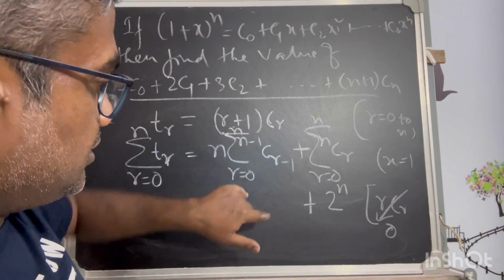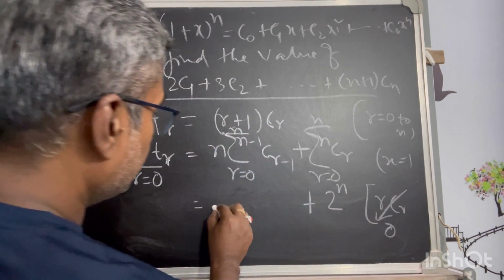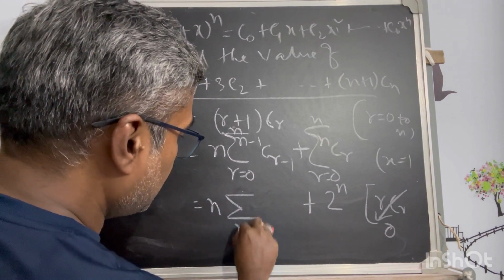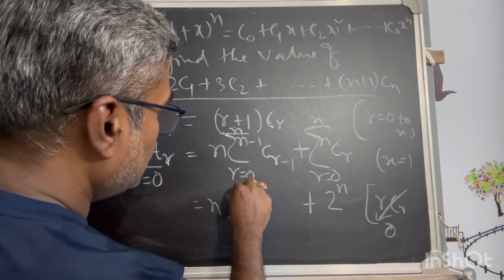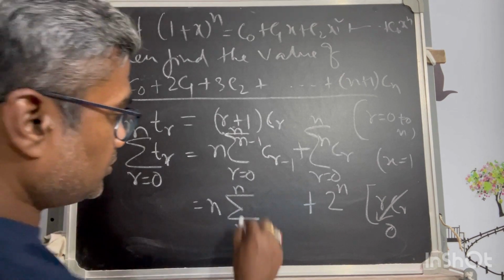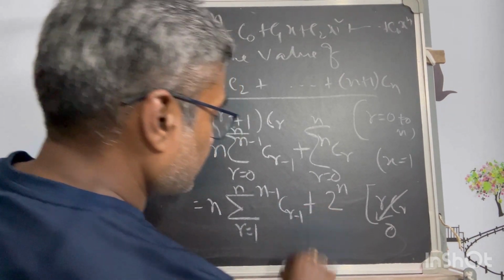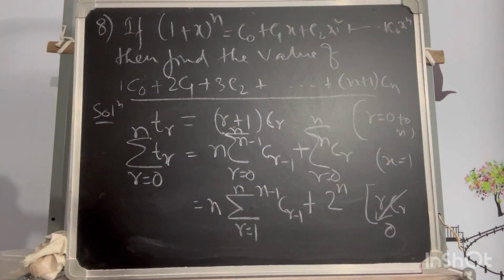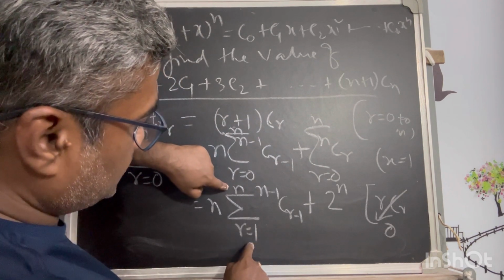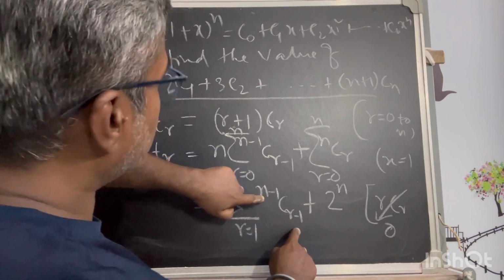This number cannot be a part of this summation. So this can be turned logically into r is equal to 1 to n. Only this will satisfy this coefficient. So this can be further reformed into, okay, fine. Now if I say I have to get the summation where r is equal to 1 to n instead of 0 to n, and this satisfies this equation.